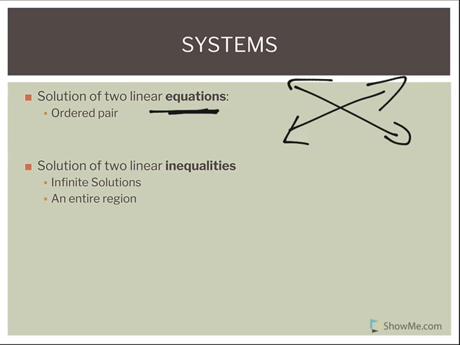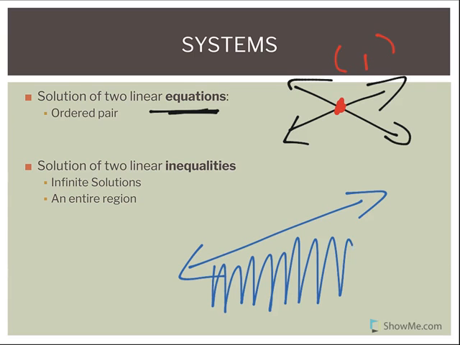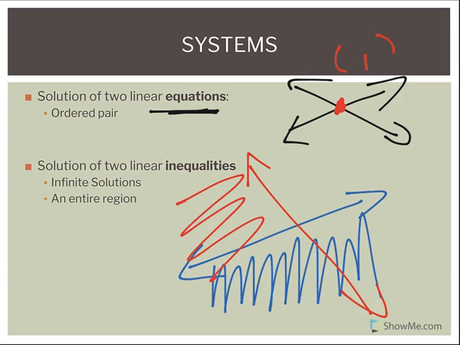Everything they had in common ended up being only a single point, an ordered pair where they cross. But now we're going to take this idea of graphing linear inequalities. Maybe I have one that's shaded like so, and another that looks like this.